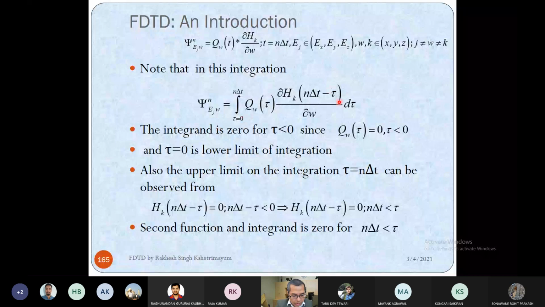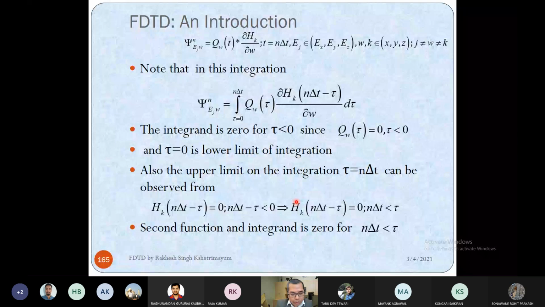How about this function here? Look at this function. You have ISK at n delta t minus tau. So even this function is 0 when this argument is less than 0. It's a causal function. So if n delta t minus tau is less than 0, then this function was 0. In that case, ISK at n delta t minus tau is 0 when you just transfer this tau to the right hand side, tau is greater than n delta t.